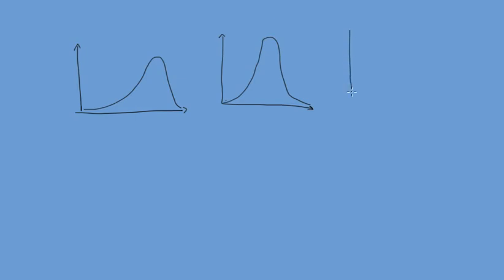Now let's see some three common curves that we'll see if you do analysis of continuous random variables. Let's do it again. Something like this, or you could get something like this, or you can get something like this.